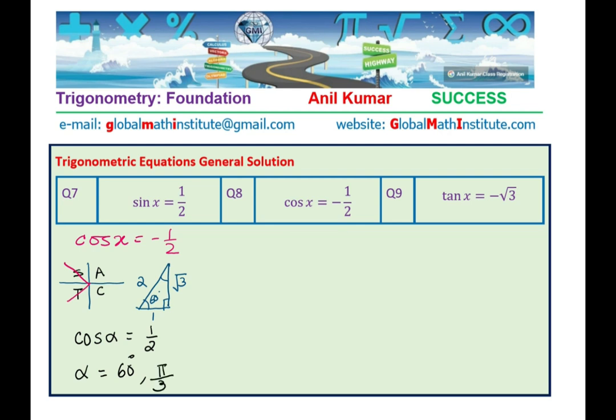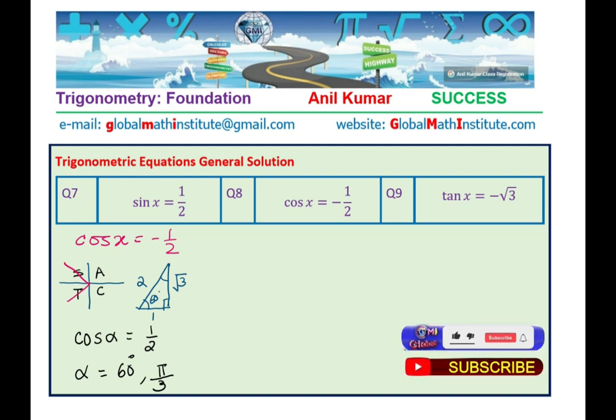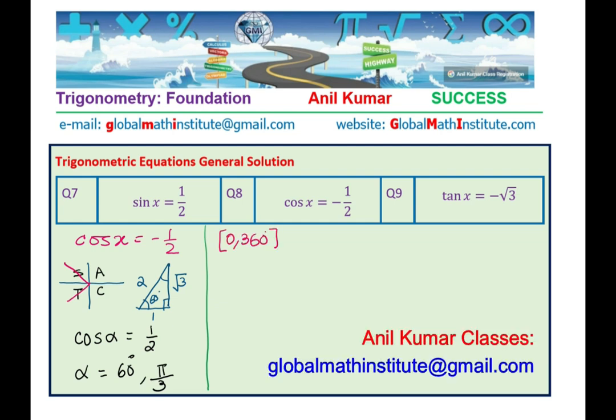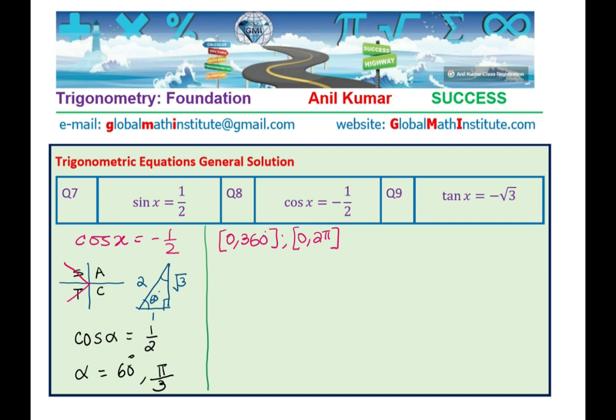Perfect. So we have the related acute angle. Next step, as we saw earlier, is to provide all the solutions within the domain, which could also be written as 0 to 360 degrees or 0 to 2 pi. Both 0 and the boundary condition 360 or 2 pi is included when we write like this with square brackets, correct? So we are looking for two solutions.